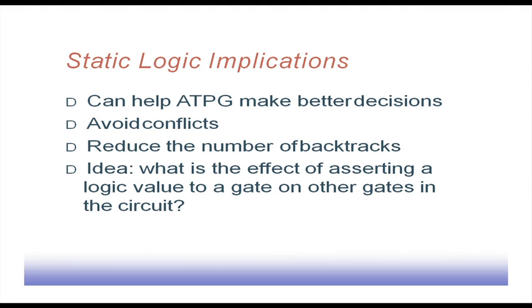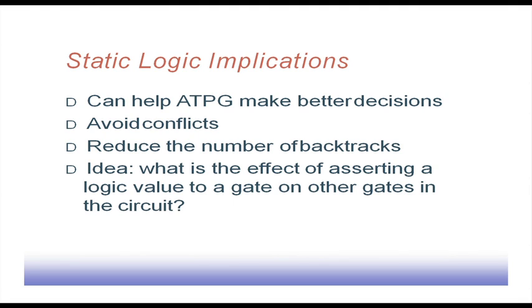It can help ATPG make better decisions, because the ATPG algorithm will be fed with some information so that it can take quick decisions in selecting the inputs to be justified. It avoids conflicts and reduces the number of backtracks.